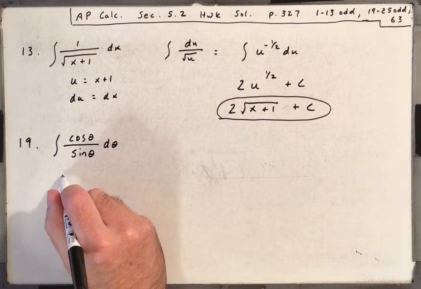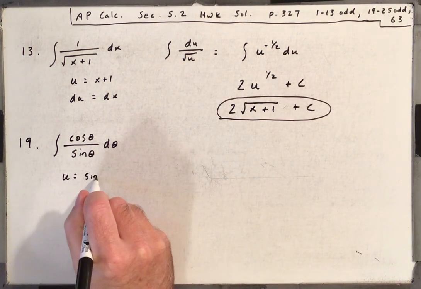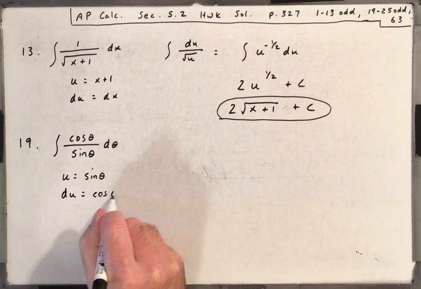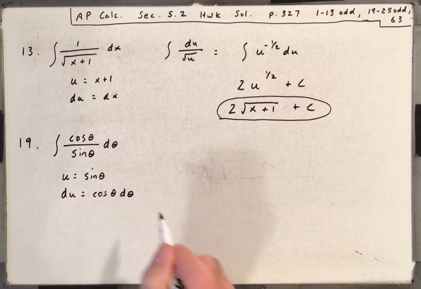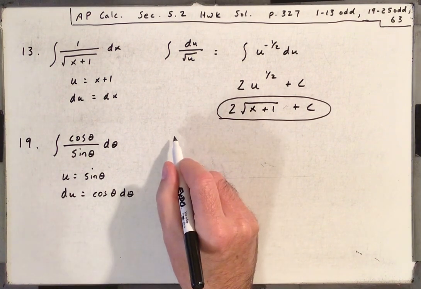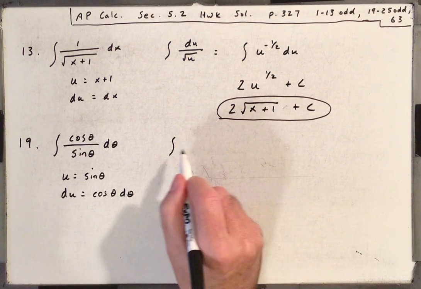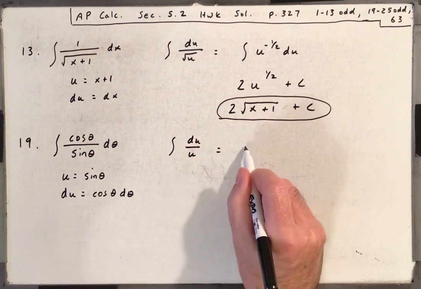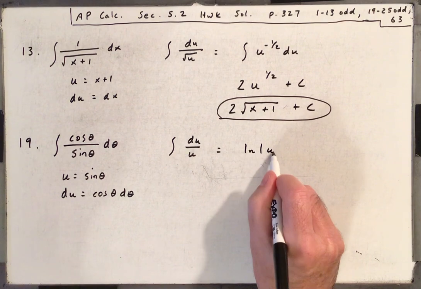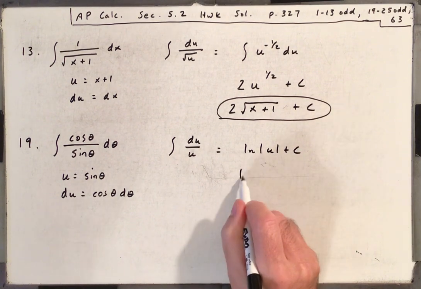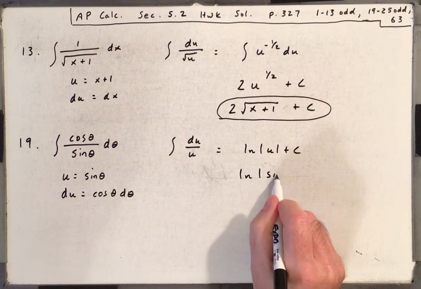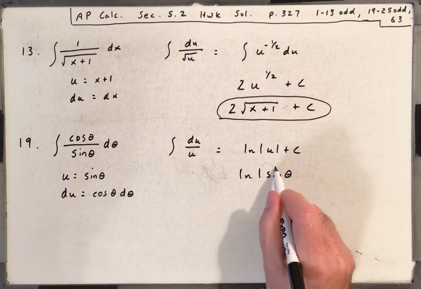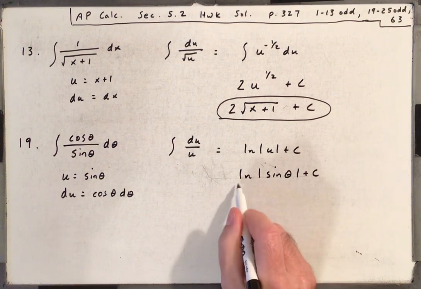So if we let u be sine theta, du is cosine theta d theta. So we could rewrite this as du over u, which is going to be the natural log of the absolute value of u plus c, and that's the natural log of the absolute value of sine theta plus c.